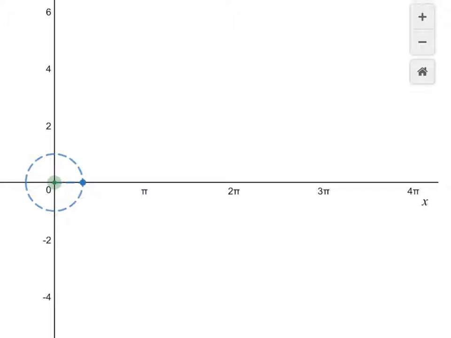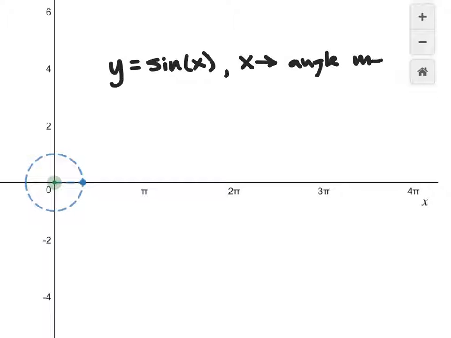Now remember, we are analyzing the function y equals sine of x. A couple different things here. First of all, x is your angle measure. And the y value, when we think about the sine value, sine is the y value on the unit circle.